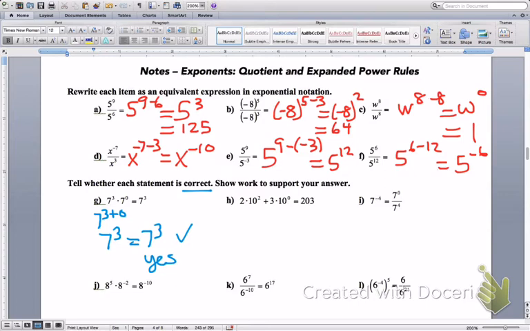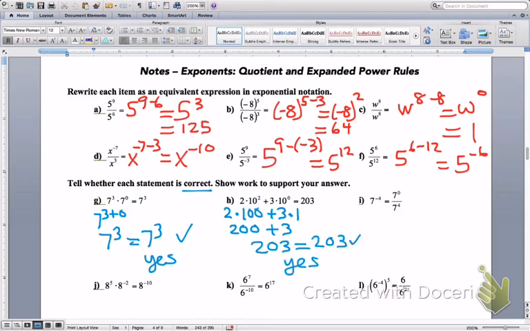Let's move on to number 2. We can't add, subtract, or multiply anything here, so we have to individually evaluate everything. So we're going to do 2 times 100 because 10 squared is 100, plus 3 times 1 because 10 to the 0 is 1. 2 times 100 is 200, plus 3, which is 203, and that's equal to the right side. So that checks off. This is a true statement.